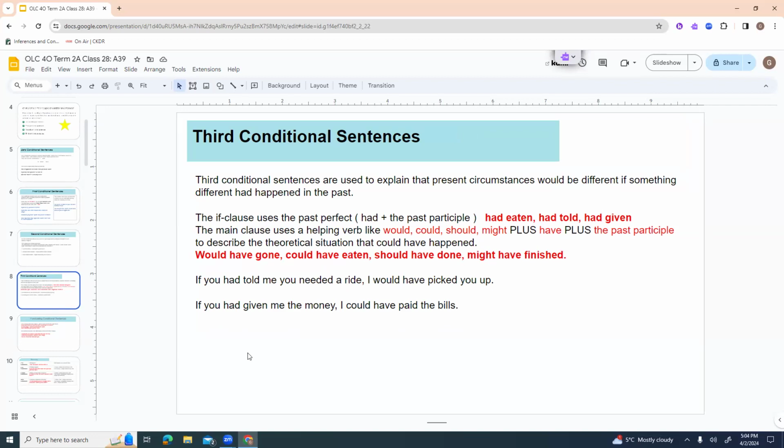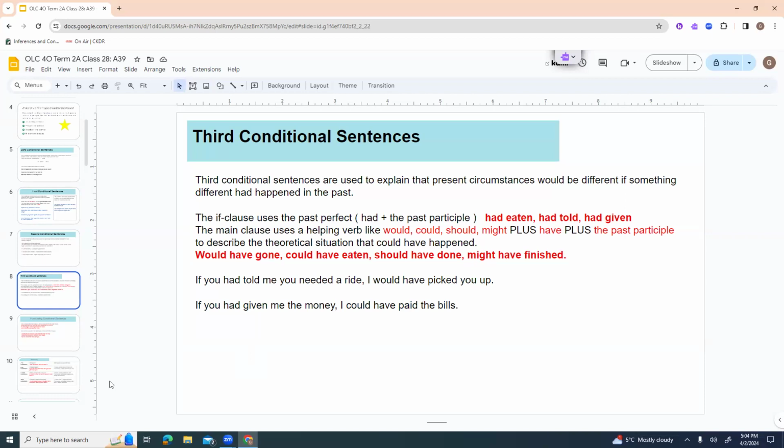And the main clause uses a helping verb, like would, could, should, might, plus have, plus the past participle to describe the theoretical situation that could have happened differently: would have gone, could have eaten, should have done, might have finished. So, for example, if you had told me you needed a ride, I would have picked you up. If you had given me the money, I could have paid the bills.